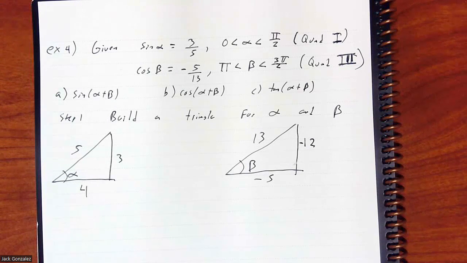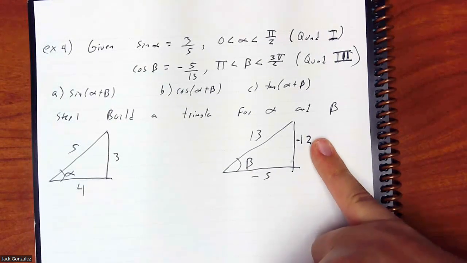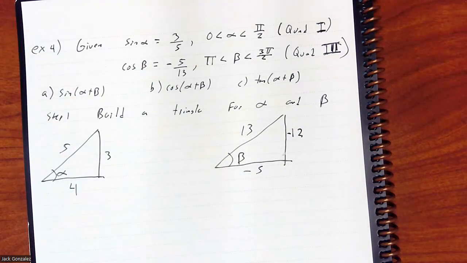So a squared would equal 25 minus 9. So a squared would equal 16. So a is the square root, plus or minus 16. Plus or minus 4. So you would choose plus. Same thing for the 12. You would choose negative. That makes sense?